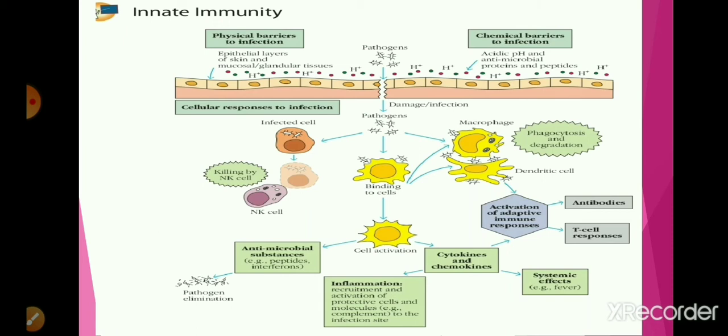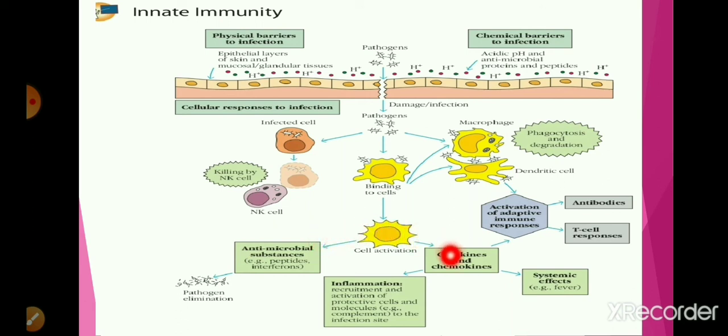Pathogen recognition by these receptors activates some cells to phagocytosis, and they start to phagocytose and degrade. Many cells are activated through their receptors to produce a variety of antimicrobial substances, for example peptides and interferons that kill the pathogen, as well as cytokines.